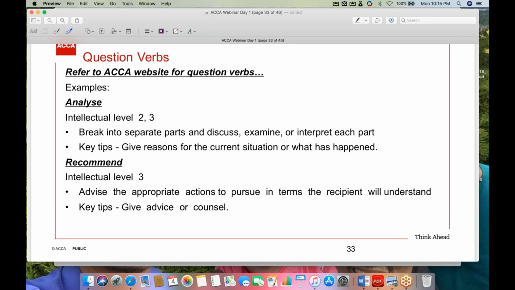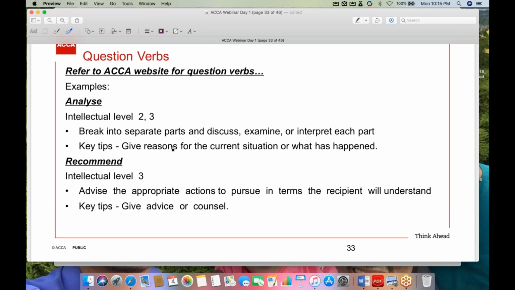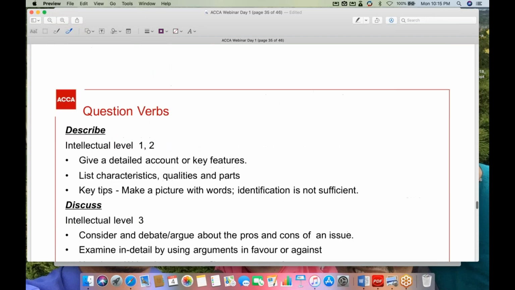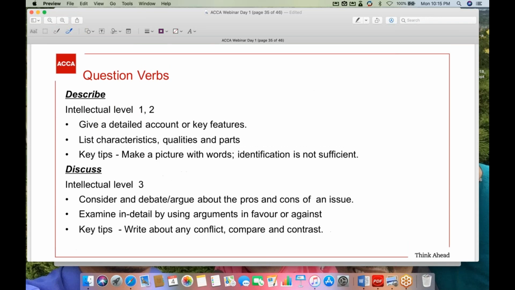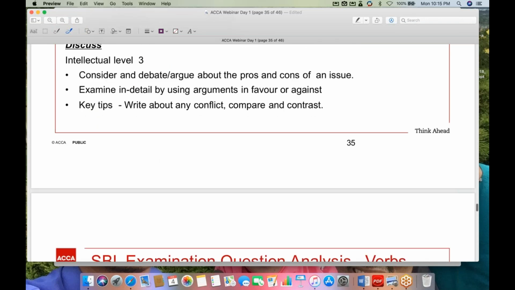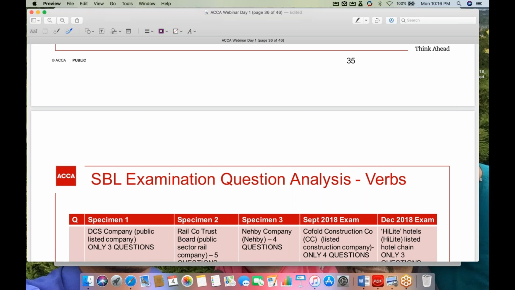These are the common ones that I put here: analyze, recommend, evaluate, explain, describe, discuss. So these are the basic ones that you may find inside that particular list of question verbs, all right.